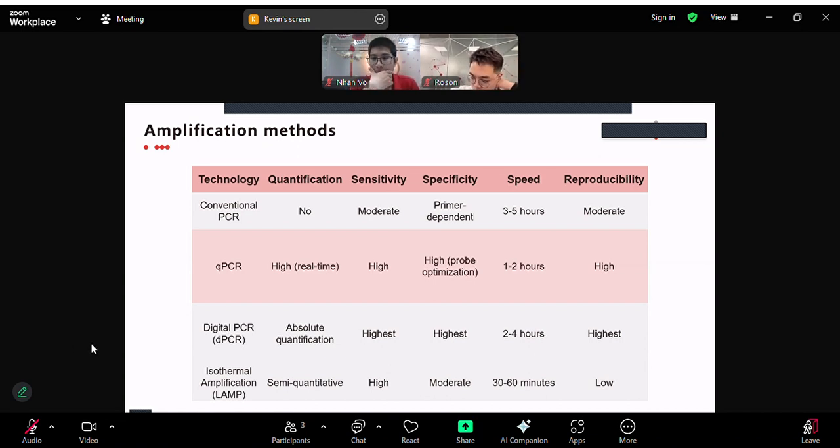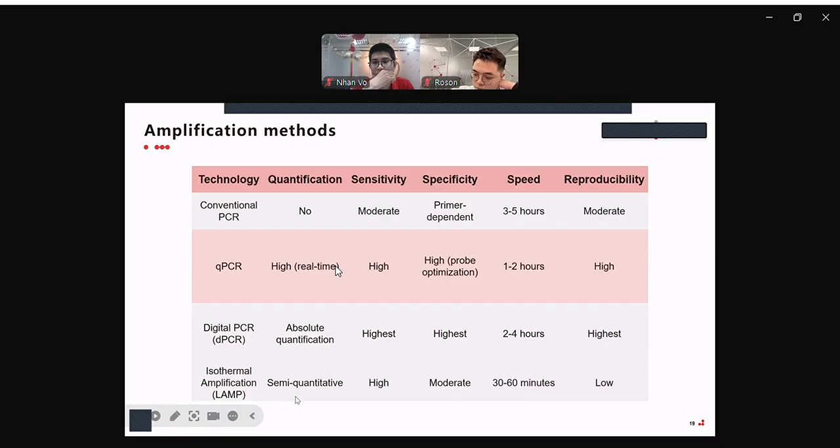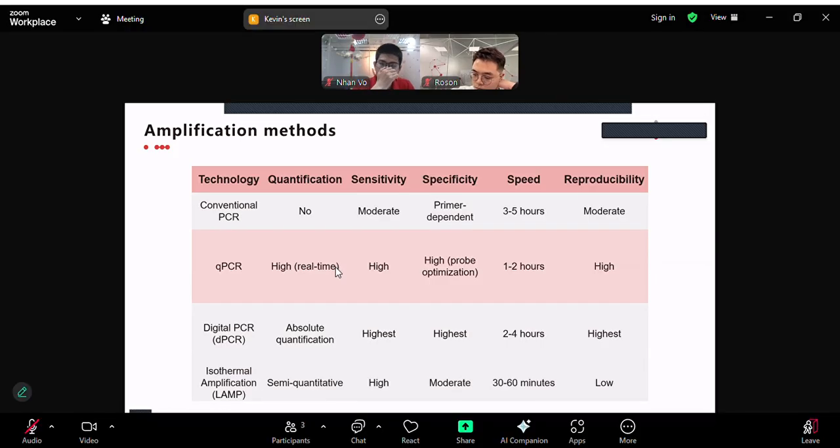And the last one is isothermal amplification. The LAMP method is one of the isothermal amplification methods. This also provides us with a semi-quantitative result. But for the report, it will only show positive or negative, and will not provide us the CT value.